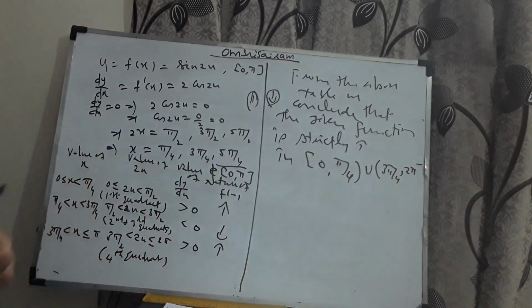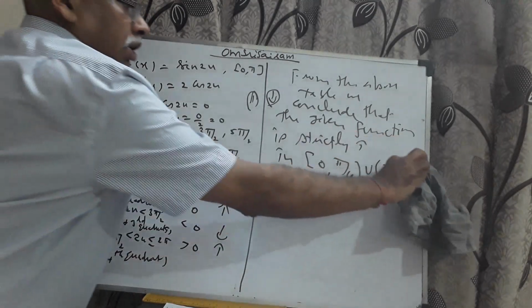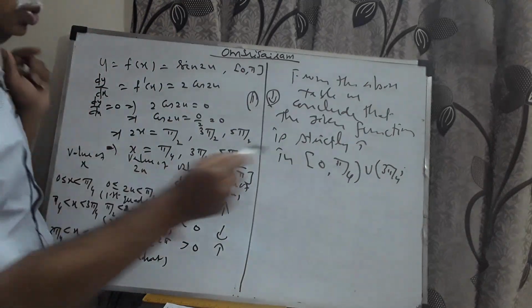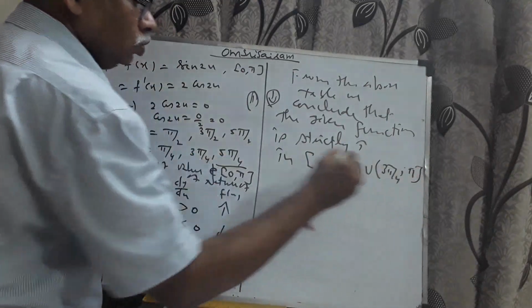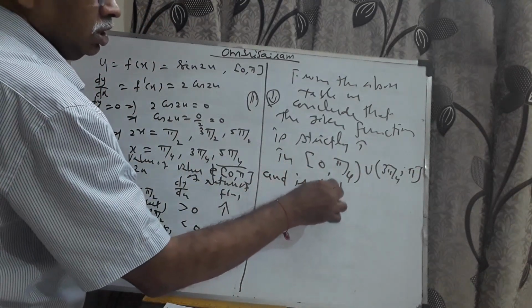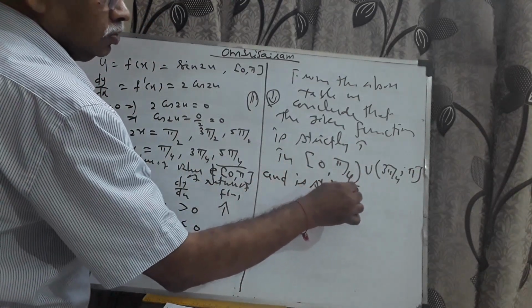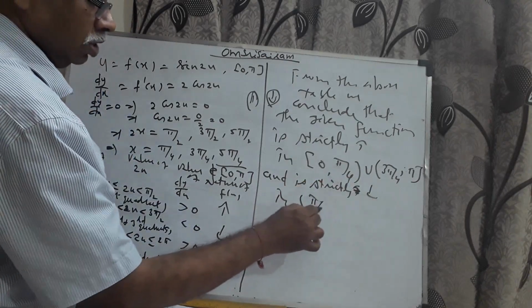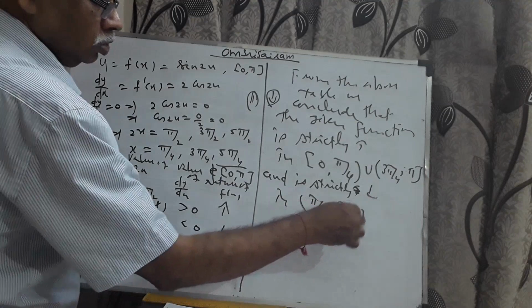Sorry, it's not 2 pi, it is simply pi. I take only the x value, don't use the 2x value. Give the conclusion with respect to the x value. And it is strictly decreasing in the middle one, pi by 4, 3 pi by 4.